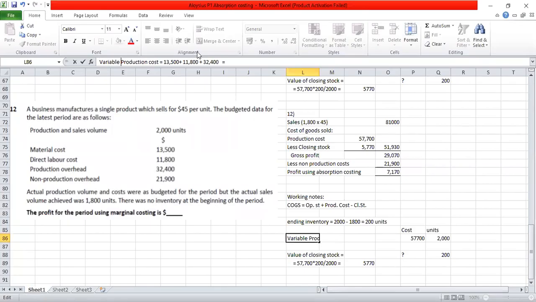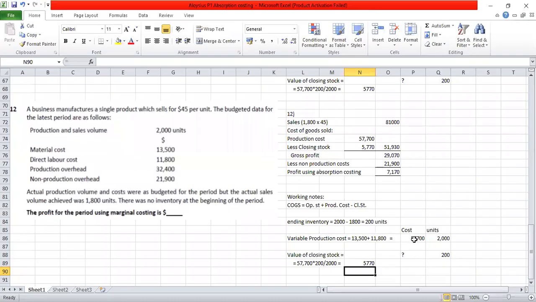There is no mention about direct, so it is assumed to be a fixed cost. So if it is fixed cost, variable production cost will be 13,500 plus 11,800. Only this much will be the total variable production cost, 25,300.